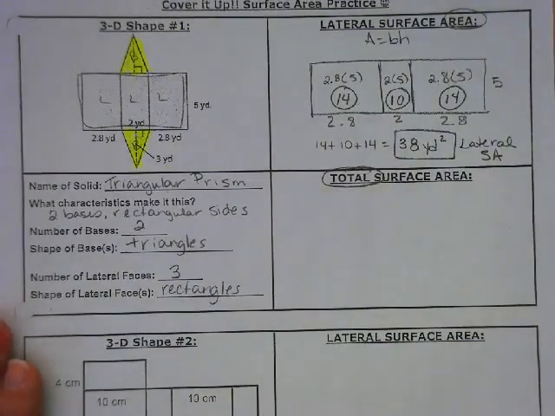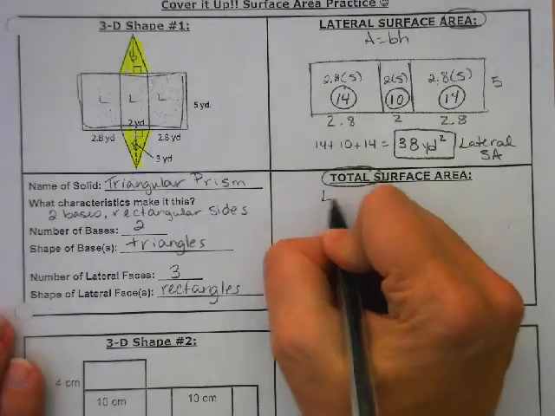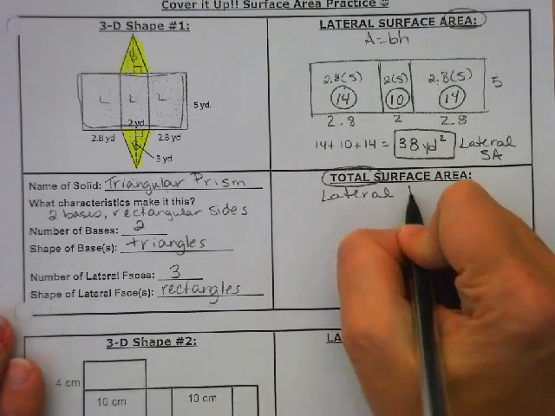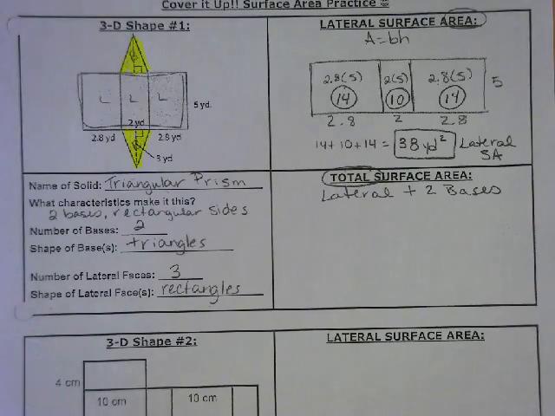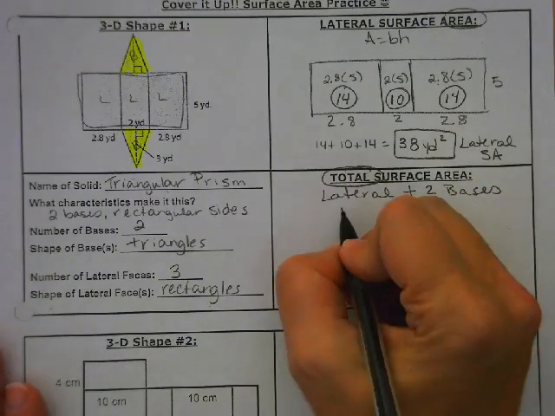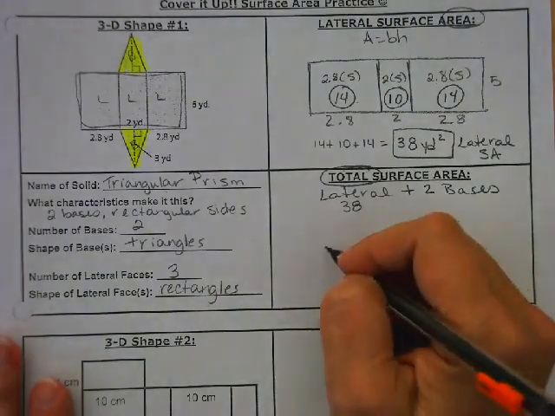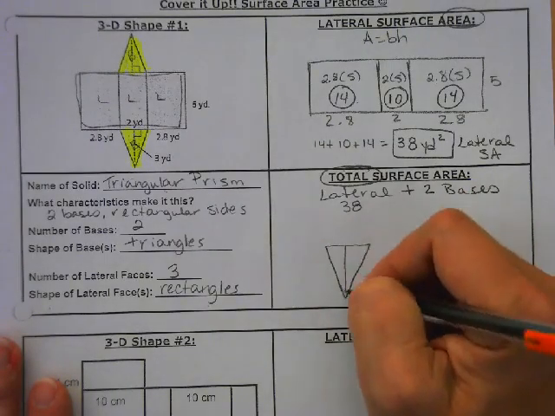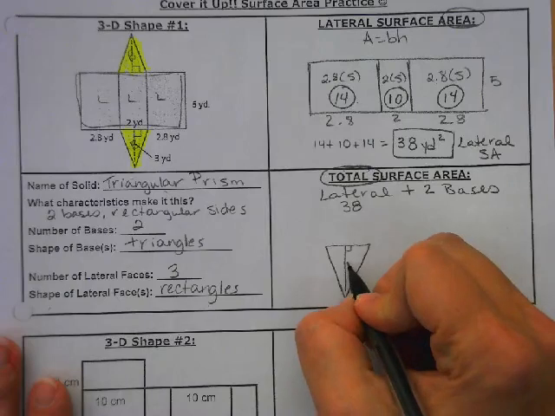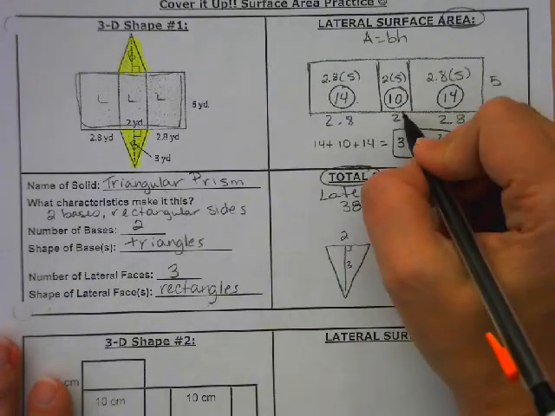Total surface area means that I need the area of the lateral plus the two bases. We already have the lateral, so that's the nice thing about this. We already did the lateral, so we can just write 38 for our lateral. Here is my base. I know that this is 3. What's this part of my triangle? 2, because it's right here, right?